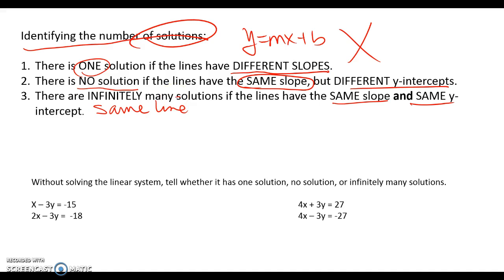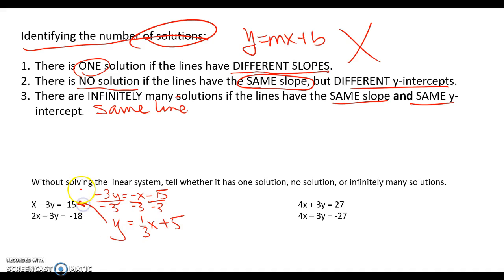So let's look at this. Without solving the linear system, tell whether it has one solution, no solutions, or infinitely many. So I want to take these and manipulate them into y equals mx plus b and see what I have. So I'm going to subtract x over, and I'm going to divide by -3. So my first equation becomes y equals 1/3 x plus 5.